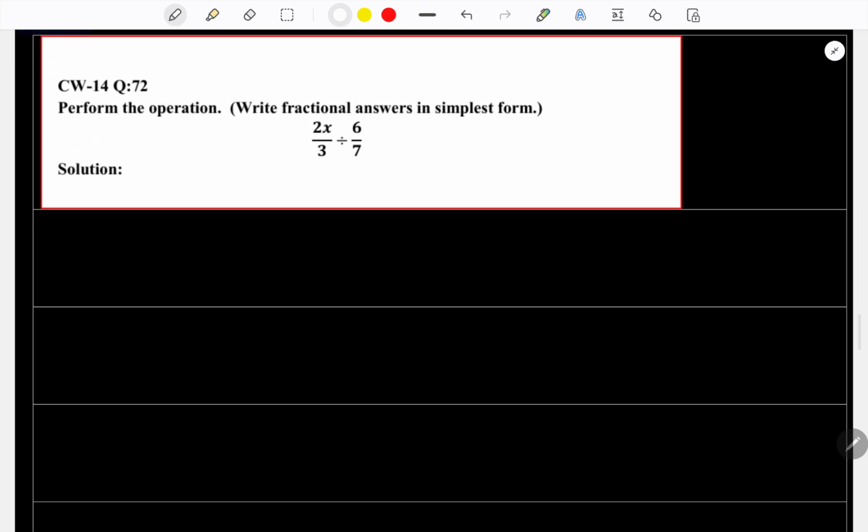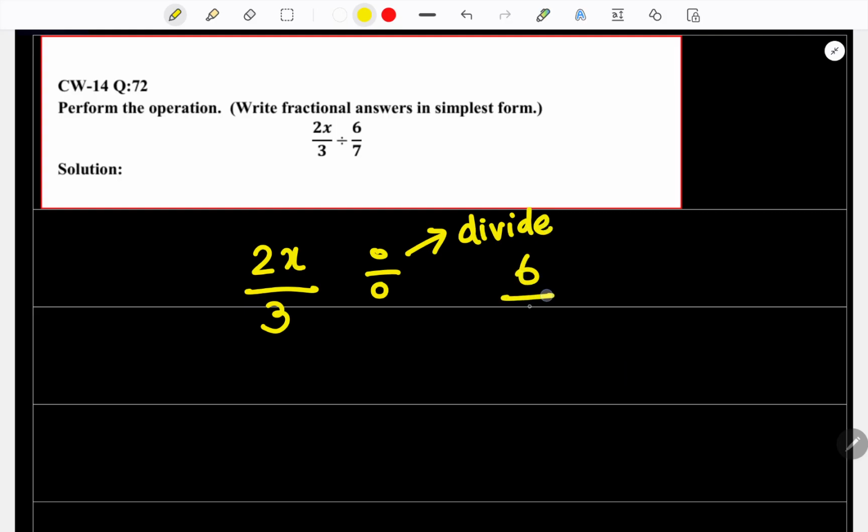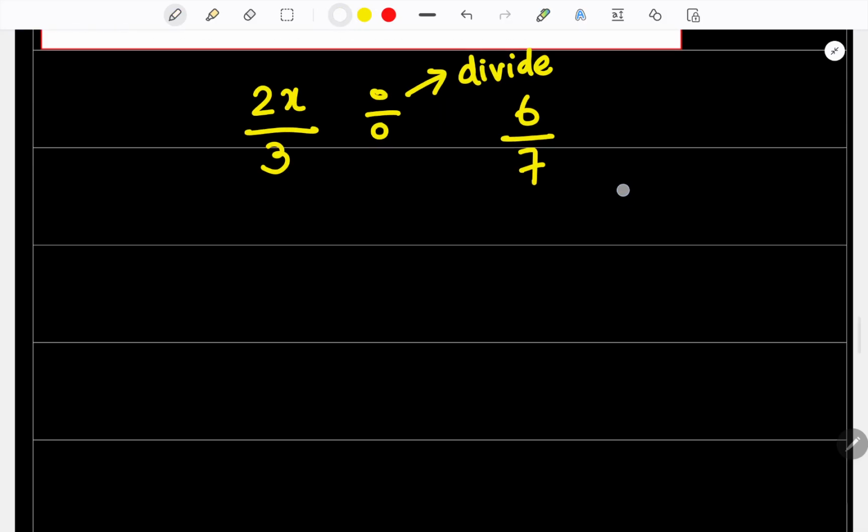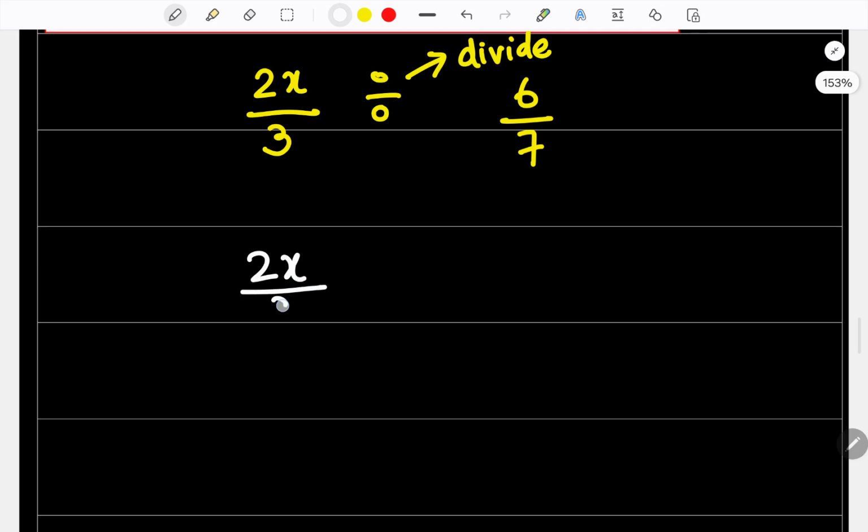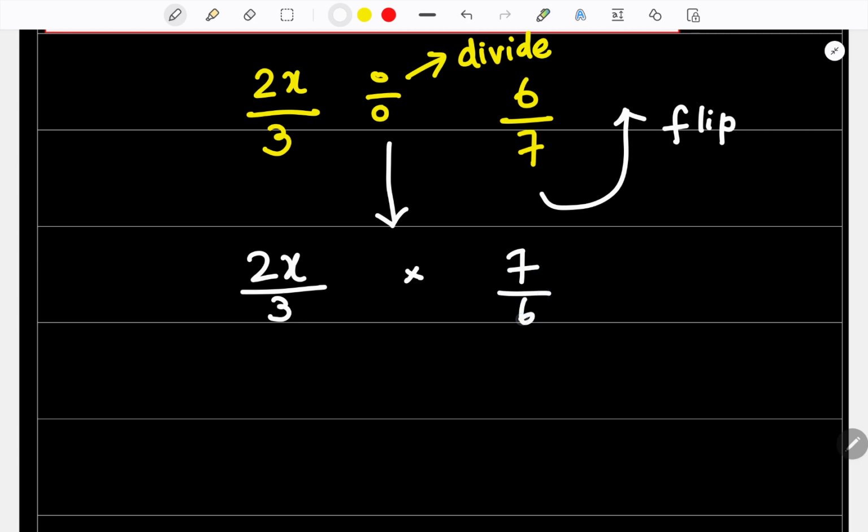One more question: perform the operation. The question is 2x divided by 3, divided by 6 by 7. In school you studied that when it is divide, we multiply, and the second fraction will be flipped. It will be 7 by 6.